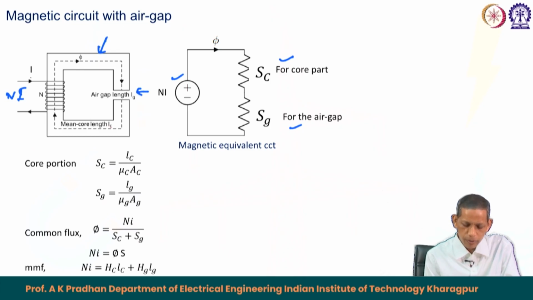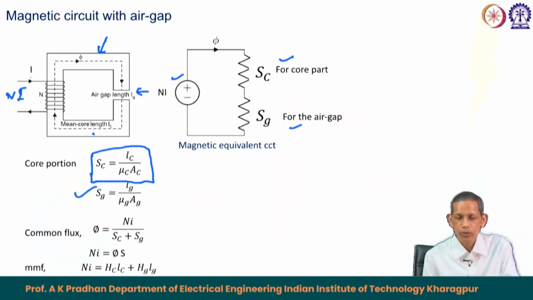As already mentioned, the reluctance of the core equals Lc upon mu c Ac, where Lc is the mean length of the core. That of the gap is Sg equals Lg upon mu g Ag, where g stands for gap. In this case Ag equals Ac. The common flux phi equals the MMF upon the reluctance, where S is the equivalent reluctance.